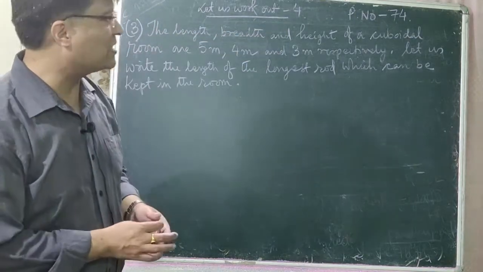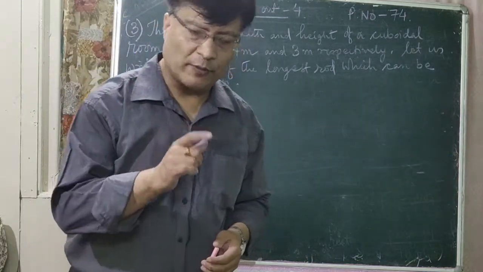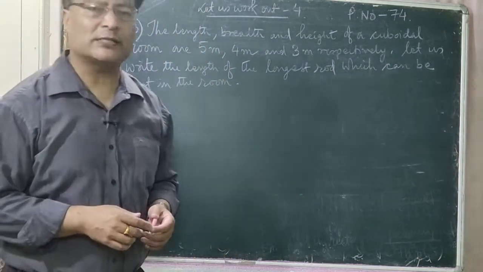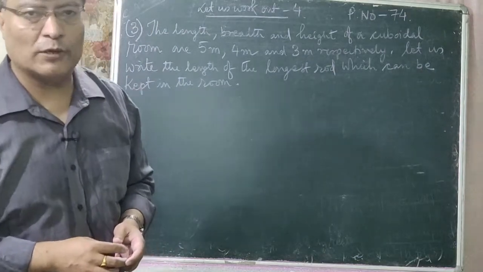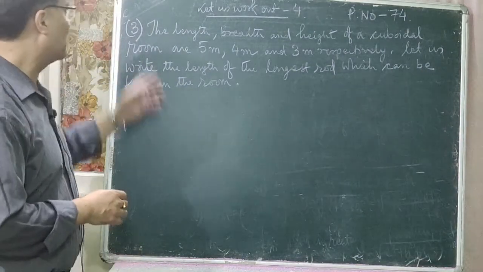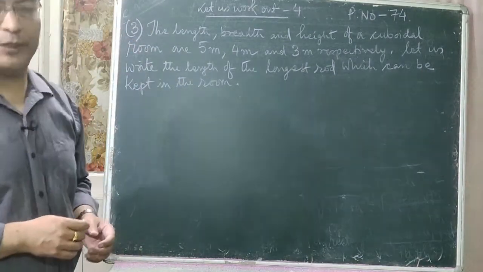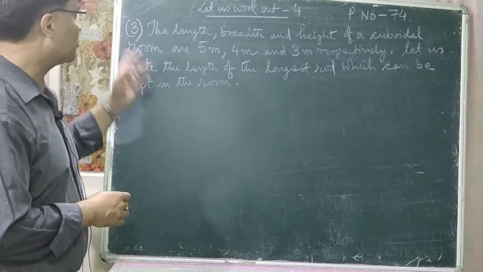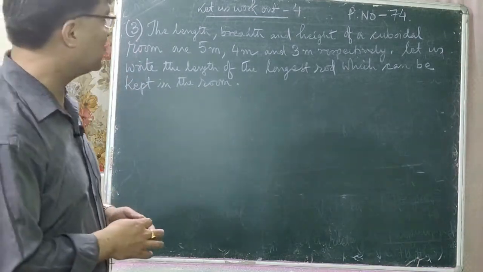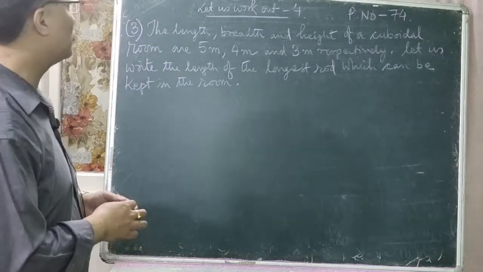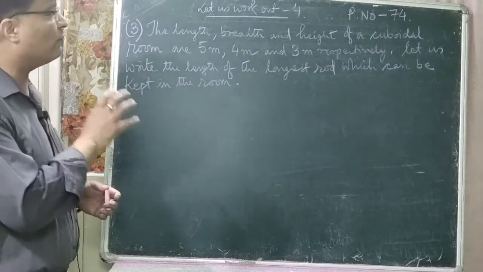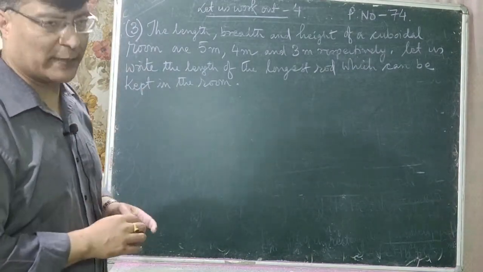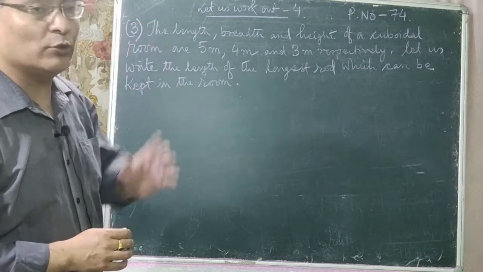This is from page number 74 of the book Ganit Prakash for class 10 by West Bengal Board of Secondary Education. So let's do question number 3. The length, breadth and height of a cuboidal room are 5 meter, 4 meter and 3 meter respectively. That means there is a cuboidal room.